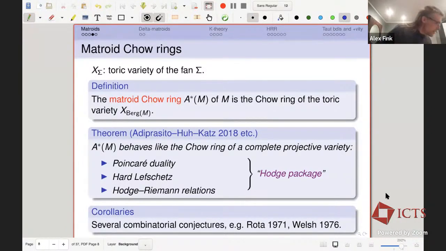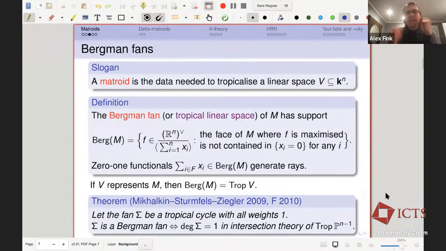One very exciting development in combinatorial commutative algebra recently has been the exploitation of the Matroid Chow ring. So now that I've defined the Bergman fan, I guess I said half the definition of the Bergman fan, so I'll pop back for a moment. I said what its support was. I didn't say its face structure.